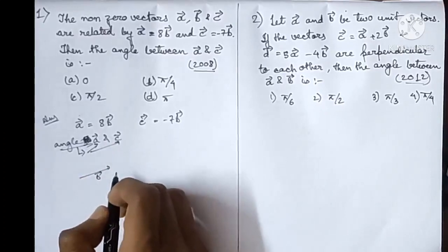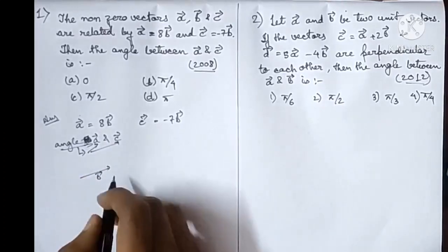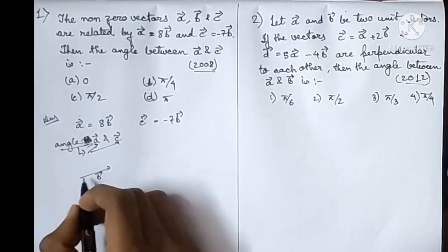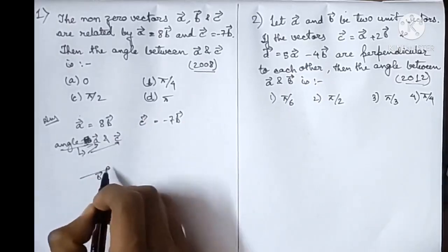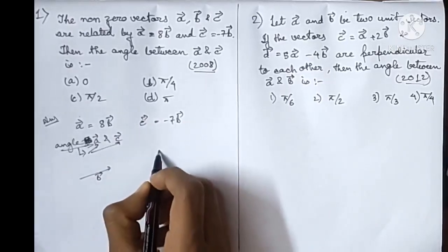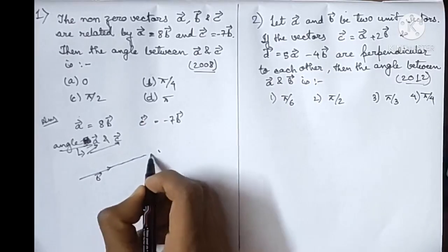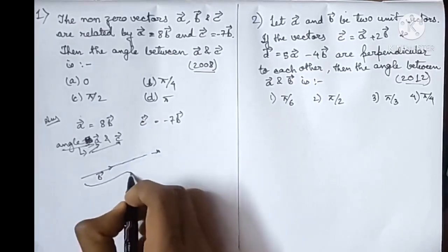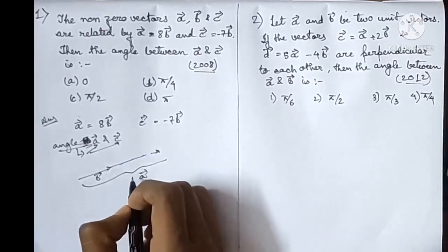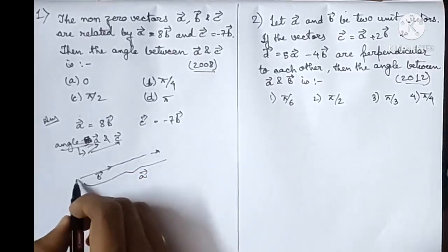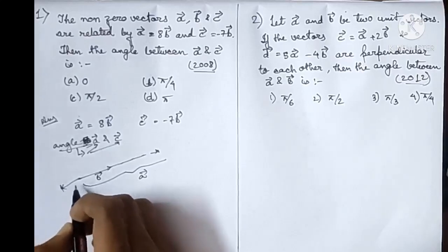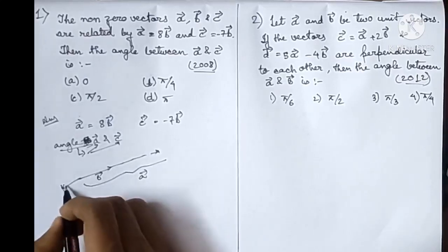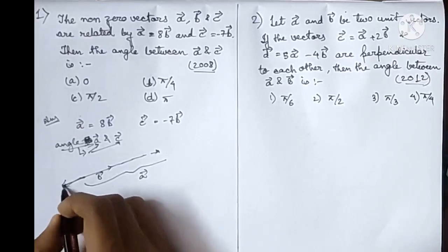Now see, we are having b, suppose this as a vector, then a is 8 times b, so this is what we get as a, and minus 7b, suppose it goes from here to here. In this direction it will go, exactly the opposite direction.